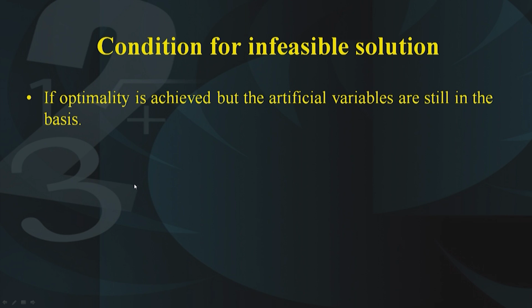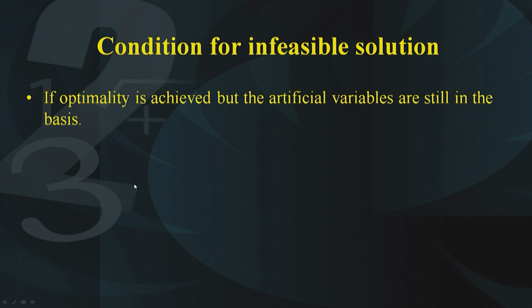Therefore, what do we conclude? We conclude the following, that the condition for an LPP to have an infeasible solution is if the optimality is achieved, that is the optimum solution has been achieved, but the artificial variable is still in the basis, that is it is non-zero.